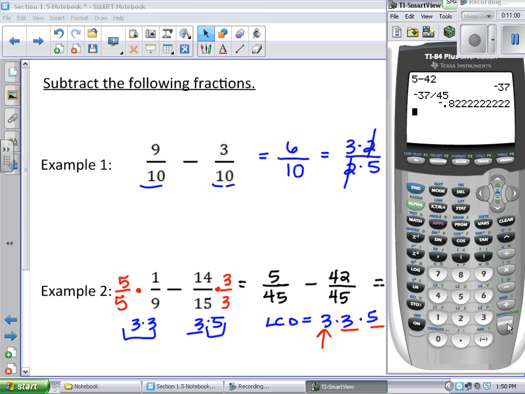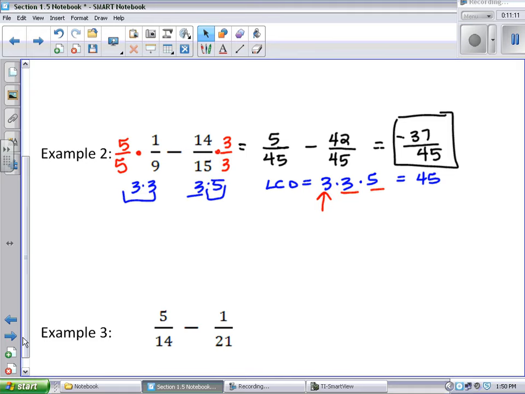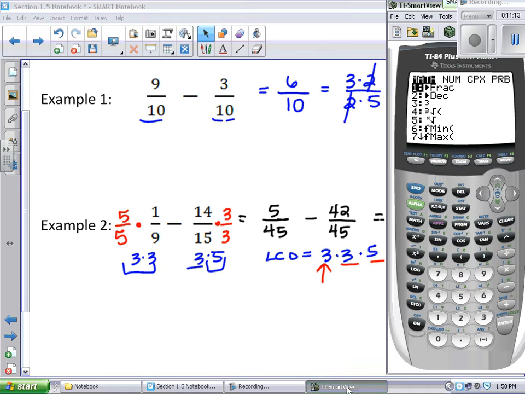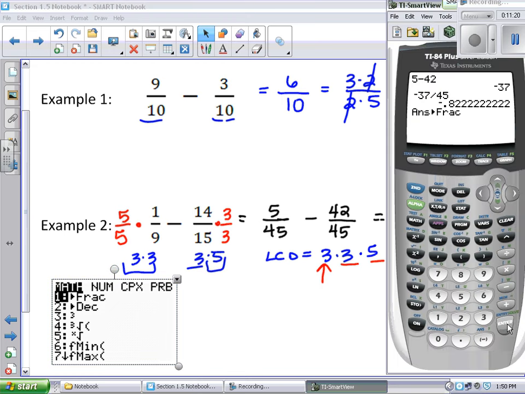If you want to know if your fraction is in lowest terms, hit the math key. Option 1 says fraction. So let me do this down here. And we want option 1 for fraction. And then hit enter, enter.